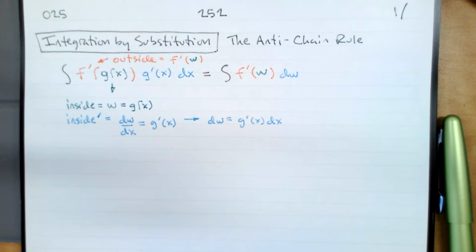Once we do our substitution, we have to make sure that all x has been replaced with w's, including the x and the dx. That's why I want to lump the dx in with the g prime of x, so those two factors together can become the dw.